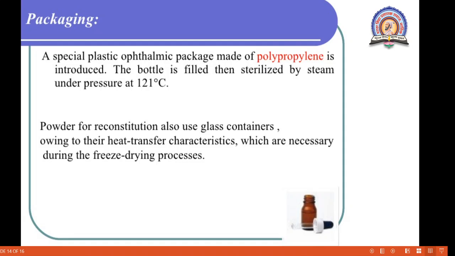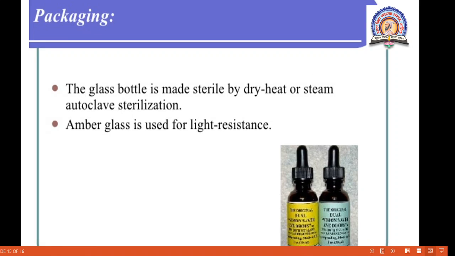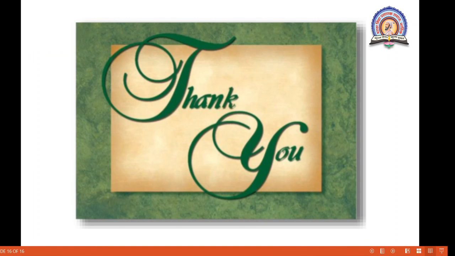Powder for reconstitution also uses glass containers owing to their heat transfer characteristics, which are necessary during the freeze drying process. A glass bottle is made sterile by dry heat or steam autoclave sterilization, and amber color glass is used for light resistance.